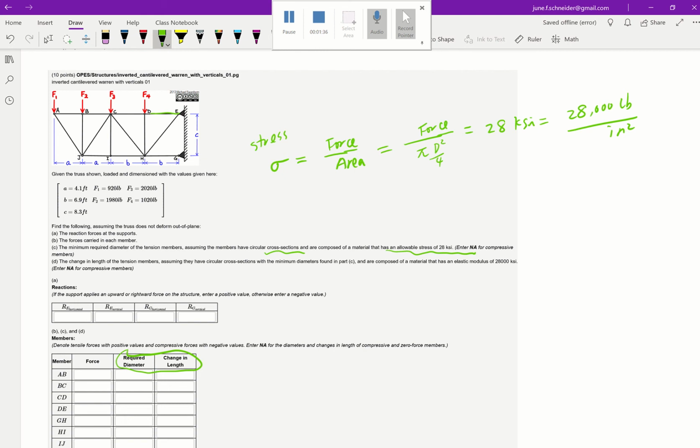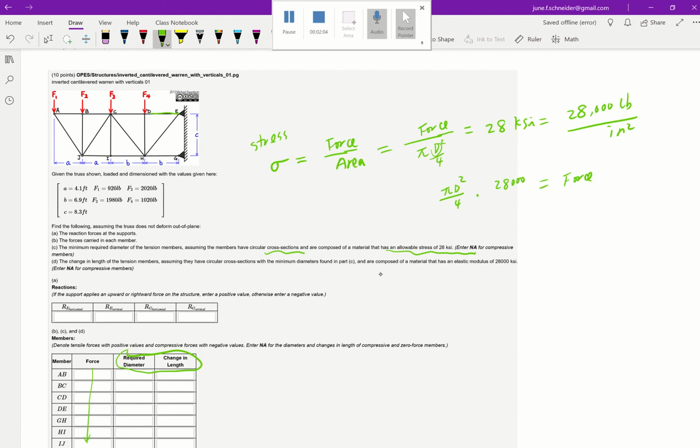So in that situation, if I already figured out the force here and I just want to figure out the diameter, that would be easy, right? This force is known, so pi d squared over 4 times my 28,000 is going to equal the force we calculated.